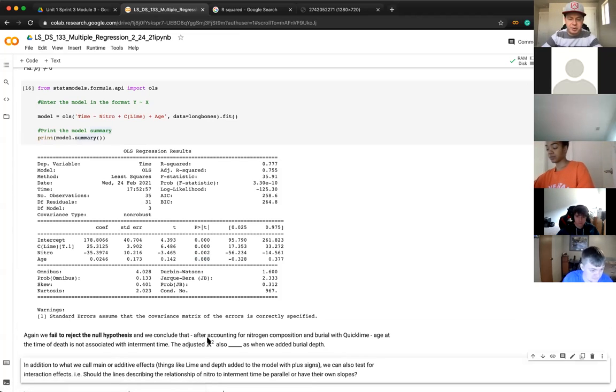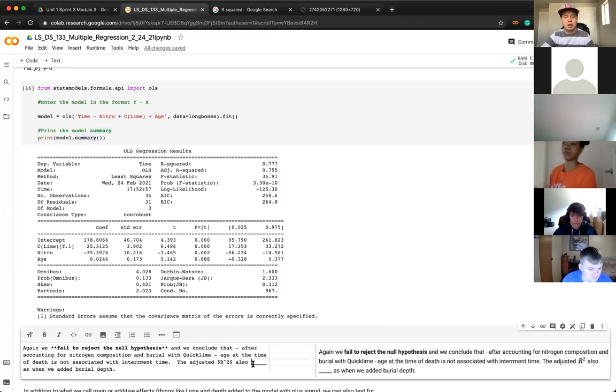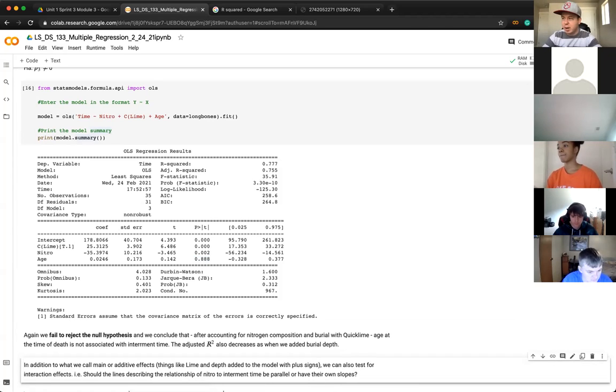And we conclude that after accounting for nitrogen composition and burial with quicklime, age at time of death is not associated with interment time. The adjusted R squared also decreases, as when we added burial depth.